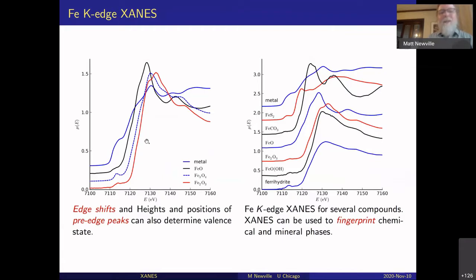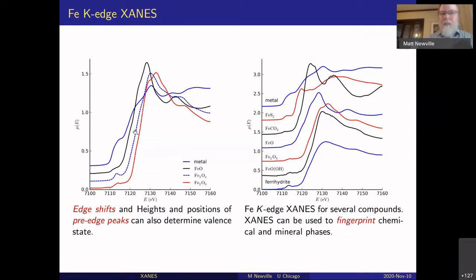For iron, or for all of the transition metals, there's also a wide variety of compounds and spectra that vary with local atomic structure or with chemistry, with the molecular units involved. So this can be used for fingerprinting and linear analysis.